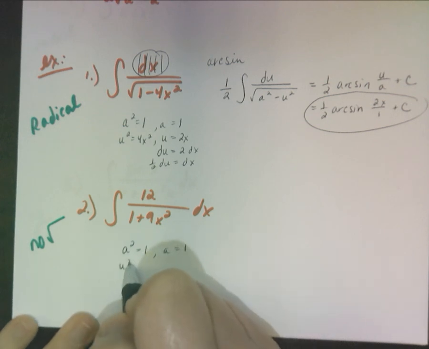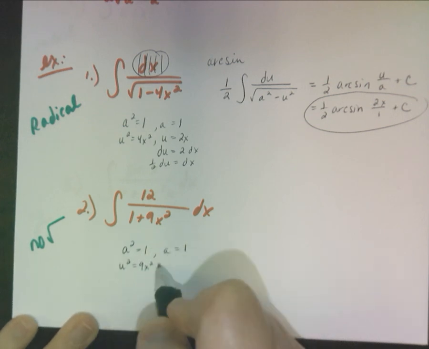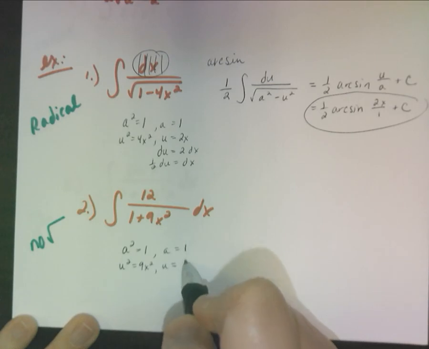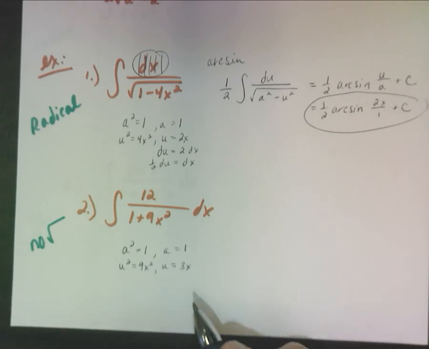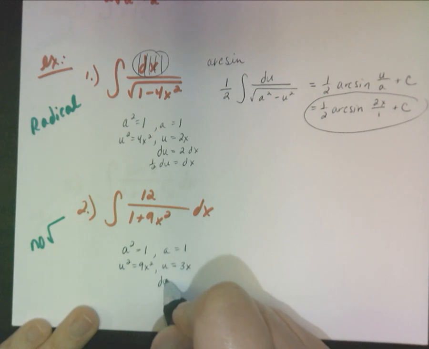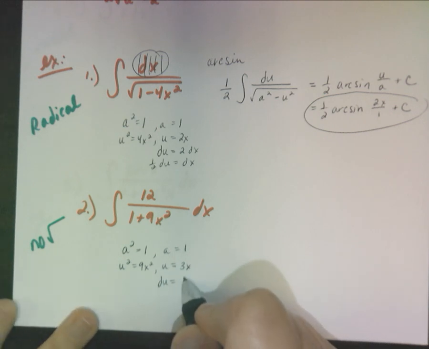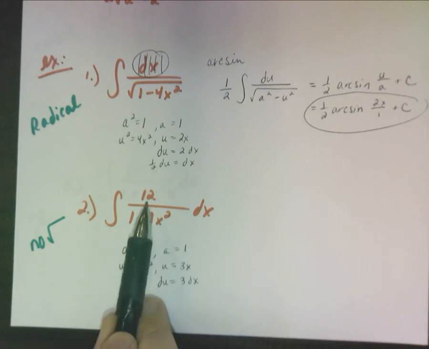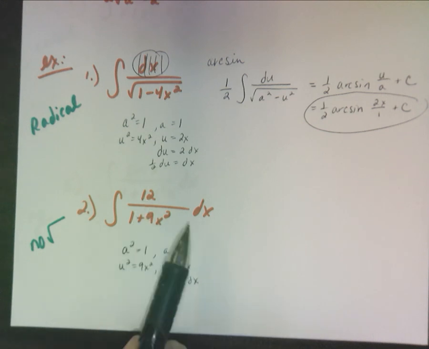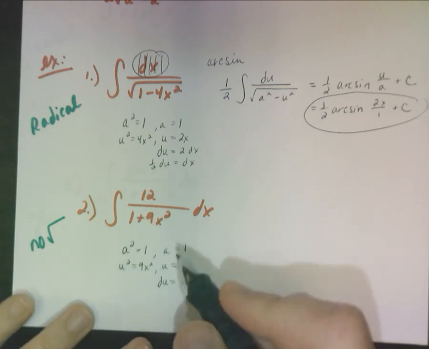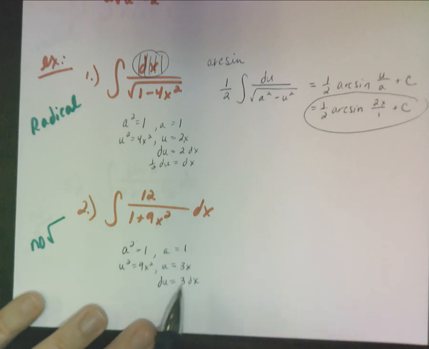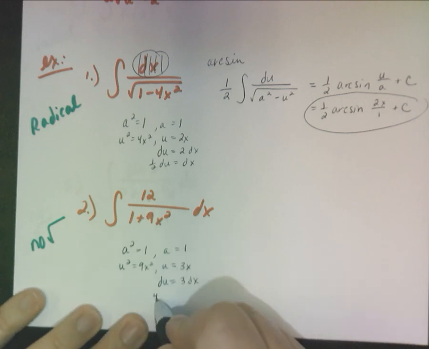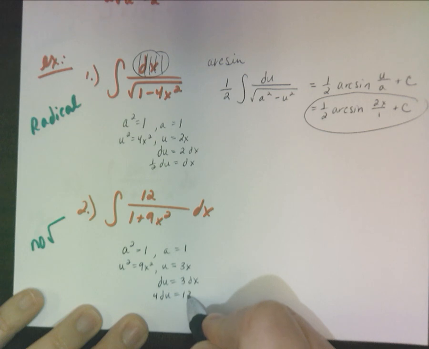My u squared would be the 9x squared, which would mean that u is 3x. Still need to account for the du, so this would be 3 dx. I don't have a 3, but I have a 12. So what does that mean? Well, that means 12 is actually 4 of the 3, so 4 du is equal to 12 dx.